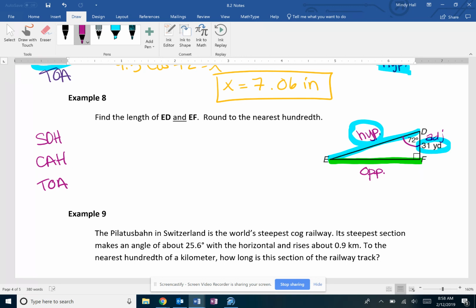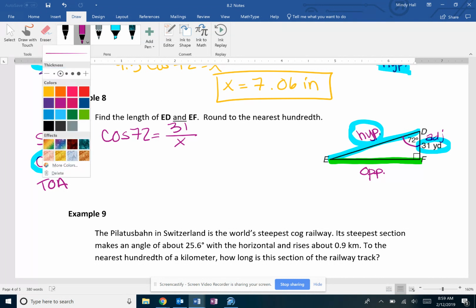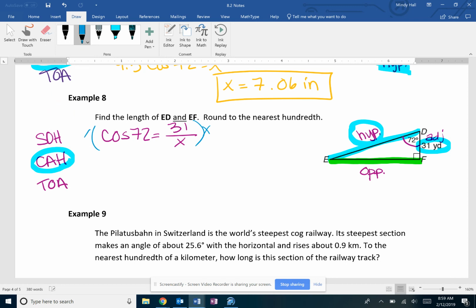Because I have hypotenuse and adjacent, I'm going to want cosine. So we'll do cosine of 72 equals adjacent 31 over hypotenuse, which we don't know. To finish this, you would multiply both sides by x, and you get x times cosine 72 equals 31. And then you divide by cosine of 72.